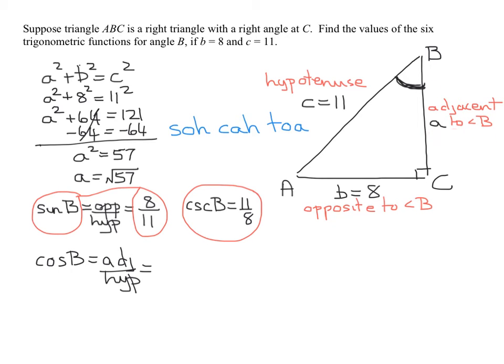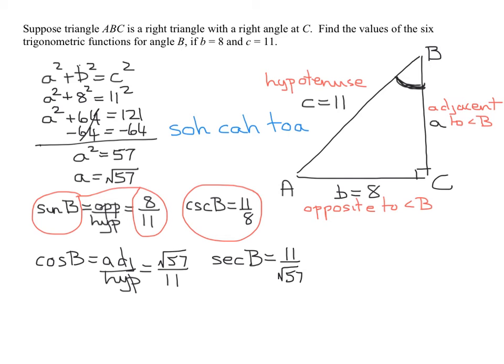It's a, which we found was the square root of 57, over the hypotenuse, which is 11. Immediately find its reciprocal. The reciprocal of the cosine function is the secant function. So the secant of B is 11 over the square root of 57.